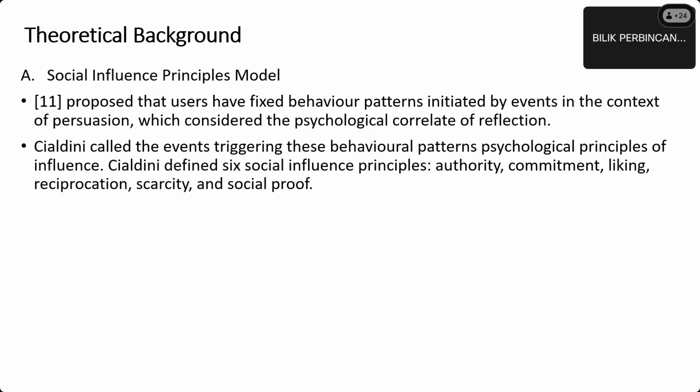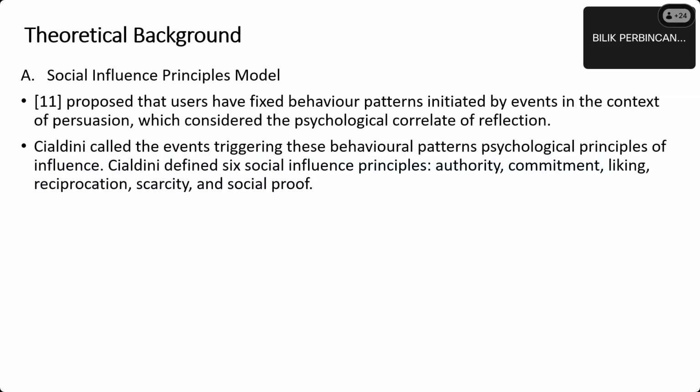Okay, the first one is the social influence principle model. This model proposes that users have fixed behavior patterns initiated by events in the context of persuasion, which is considered the psychological correlate of reflection.